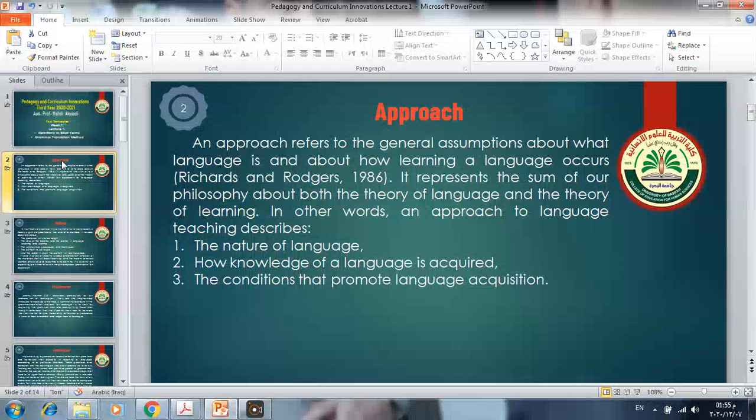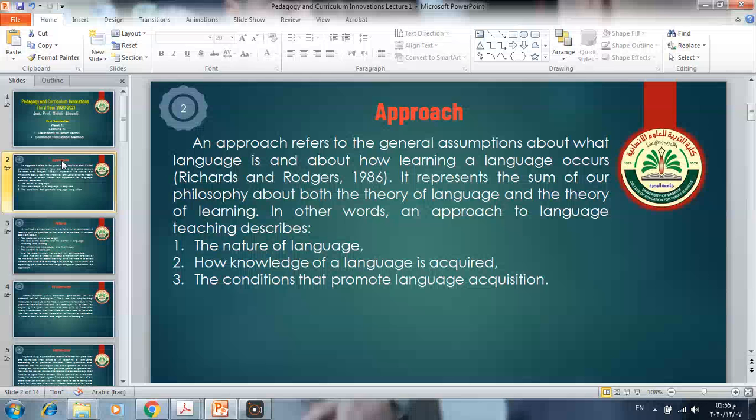So it includes the accumulation of the philosophy about the theory of language and the philosophy about the theory of learning in general.